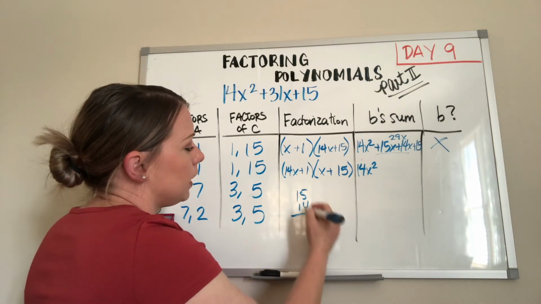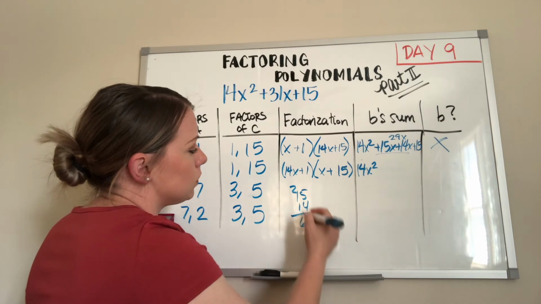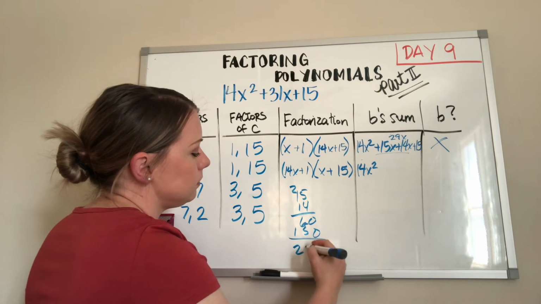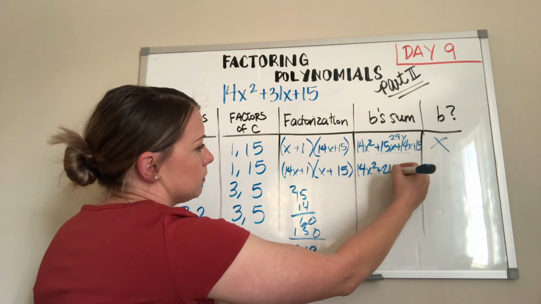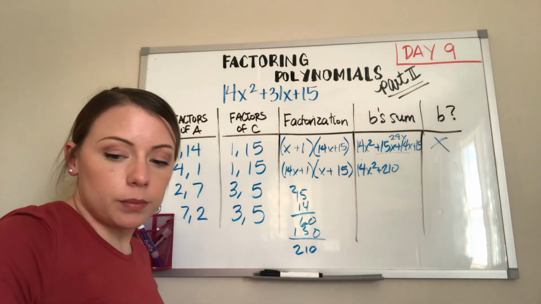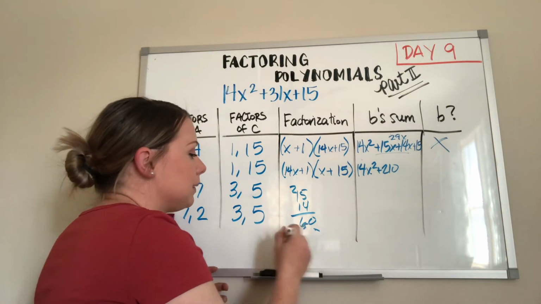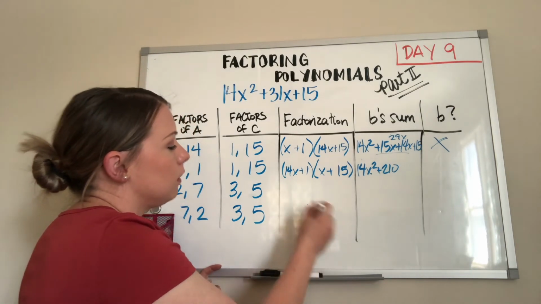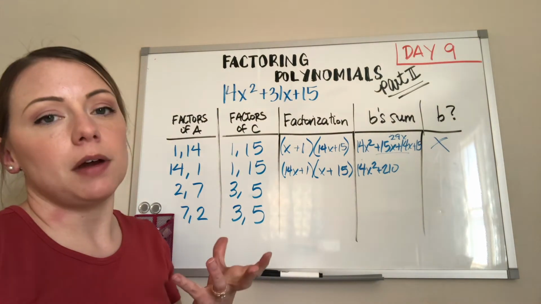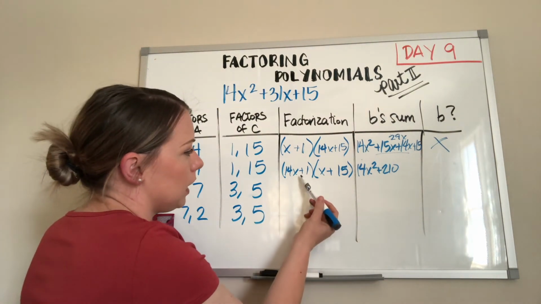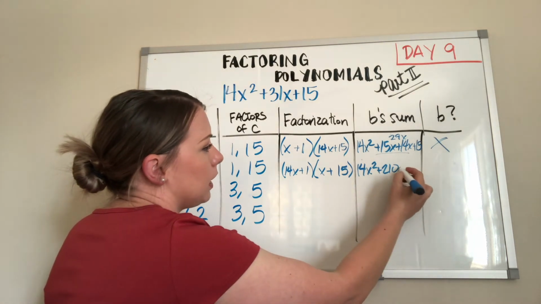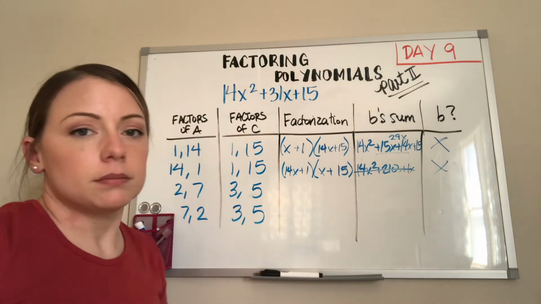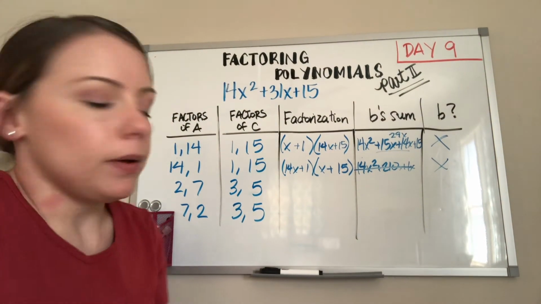I don't know that off the top of my head, so needless to say, we can probably guess that this is not going to be it, because 210 is already a pretty good way from the 31 we need. But let's figure out what that next term is going to be just in case. So then I would have that 1x, and we can already rule this one out. Now let's keep going.